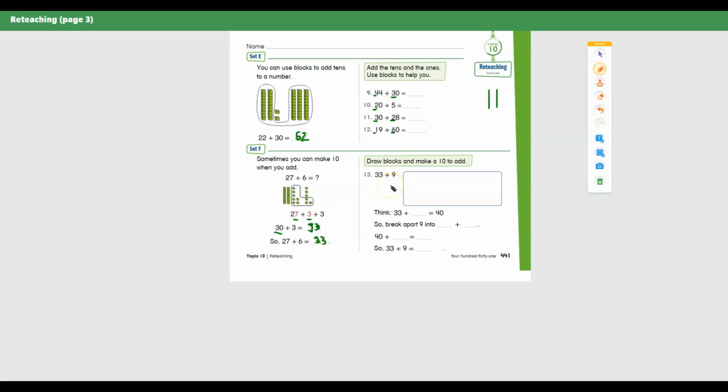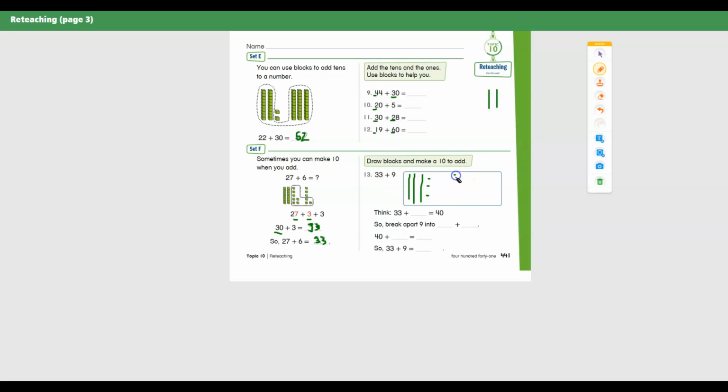For number 13, it wants you to draw blocks and make a 10 to add. For number 13, we are adding 33 plus 9. First, we'll draw our model for 33, which is 3 10s and 3 1s.